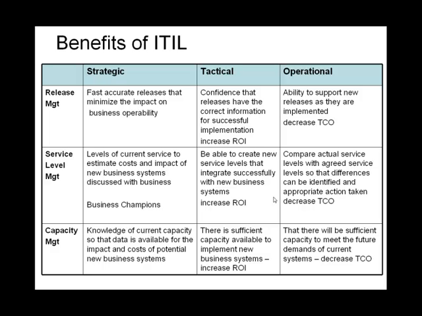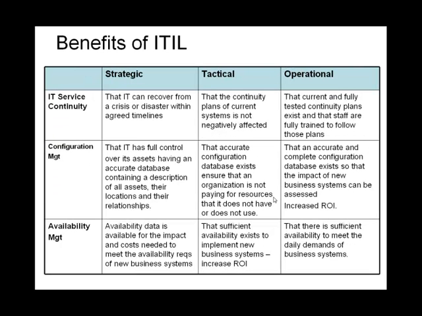In the tactical area, there is sufficient capacity available to implement new business systems, therefore an increase in return of investment. Operational, that there will be sufficient capacity to meet the future demands of current systems, a decrease in total cost of ownership. Again, if you look at each one of these, very neatly mapped into either a strategic level, tactical or operational.